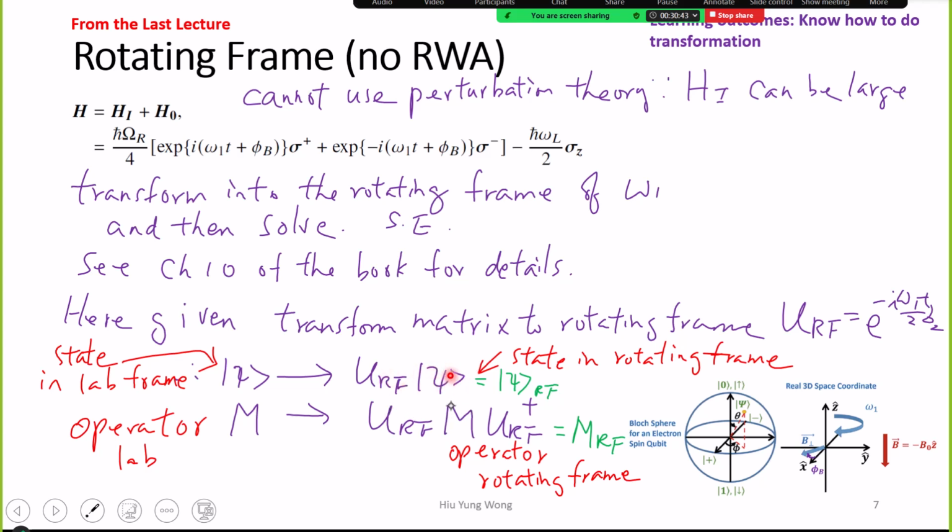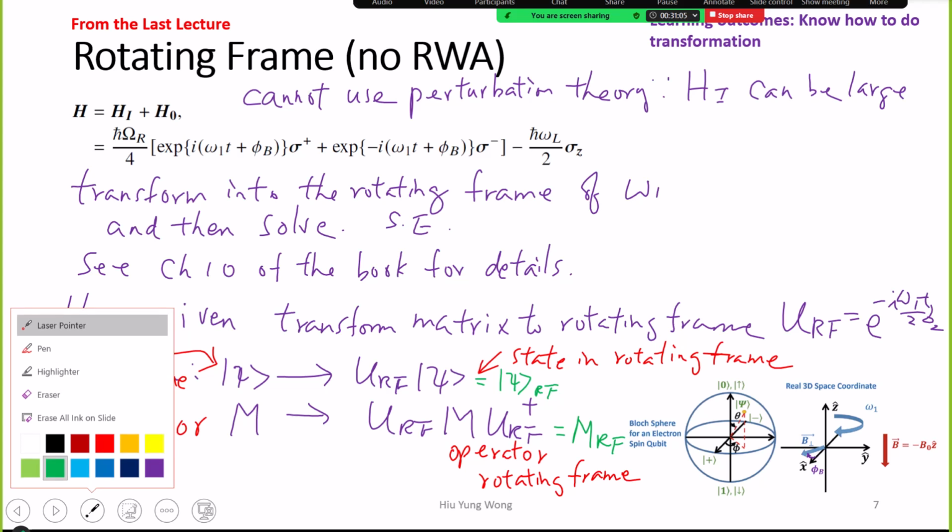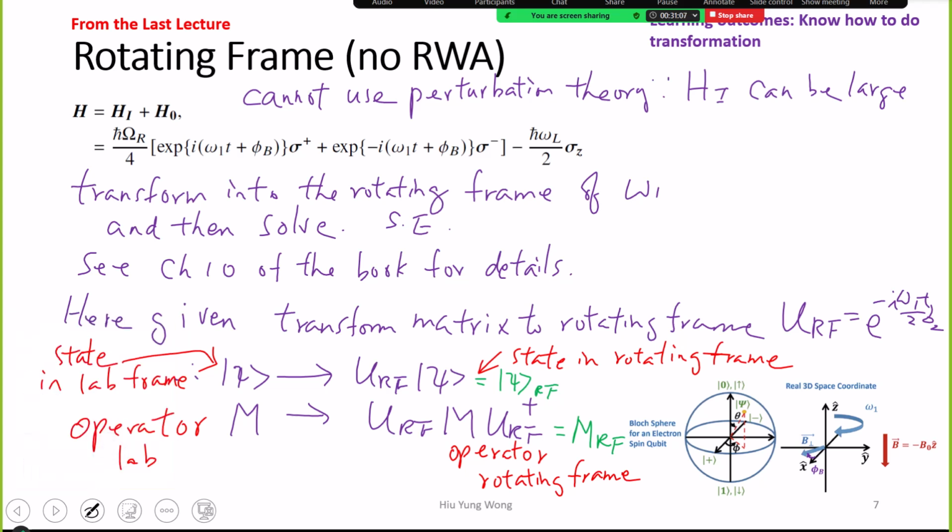How about psi in terms of psi_RF? How do you get it? U_RF times psi equals psi_RF. Then psi equals what times psi_RF? U_RF dagger. If you still don't know what we are talking about, you really should study this part, okay?